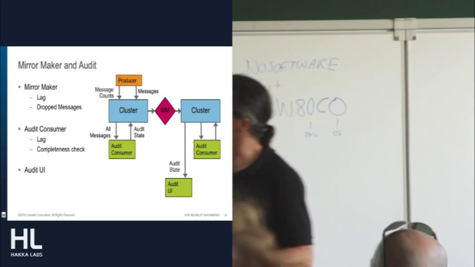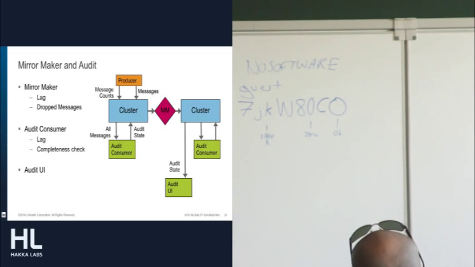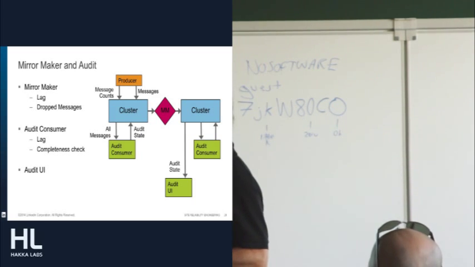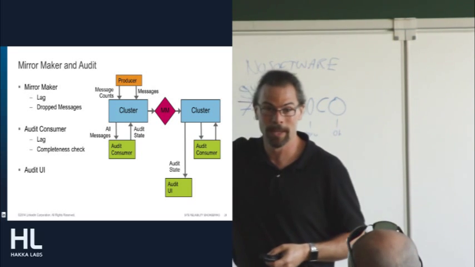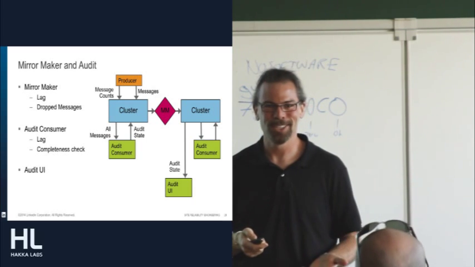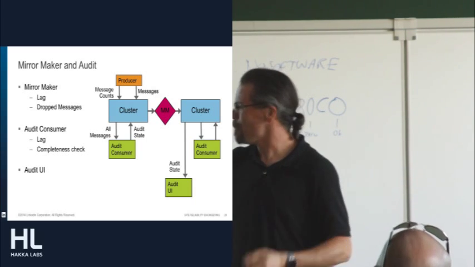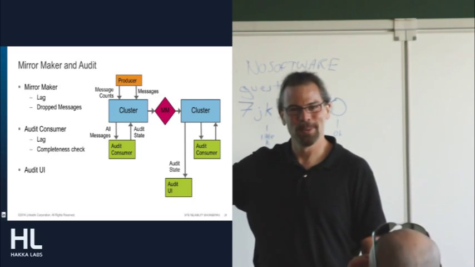So it's looking for, the producer said it got 100 messages, the audit consumer here said it got 100 messages, the audit consumer here said it got 99 messages. Oh no, we have a problem now. So now we have to go back and find out what happened to that last message. And if that number ever drops below 100%, we get emails.